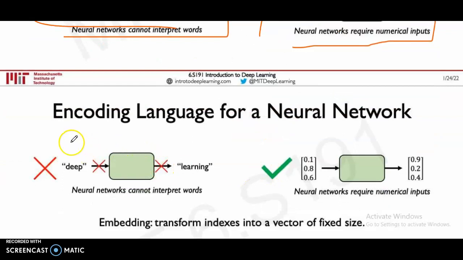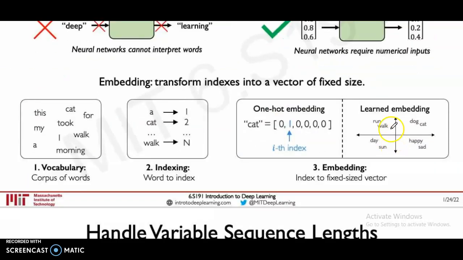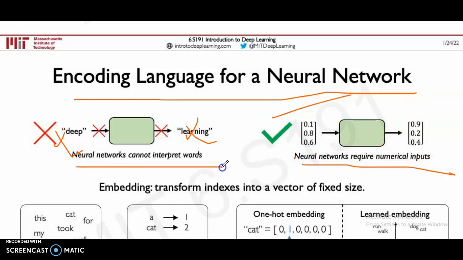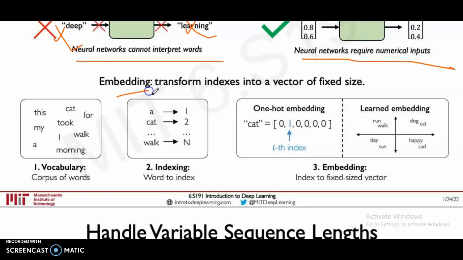Encoding language for a neural network. Embedding transforms indexes into a vector of fixed size.